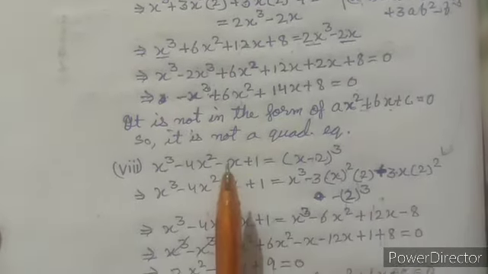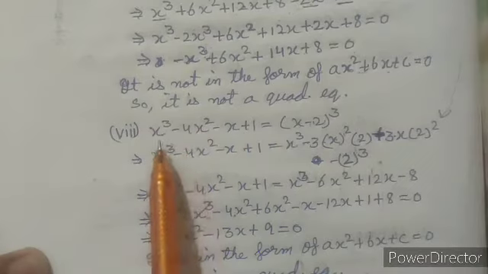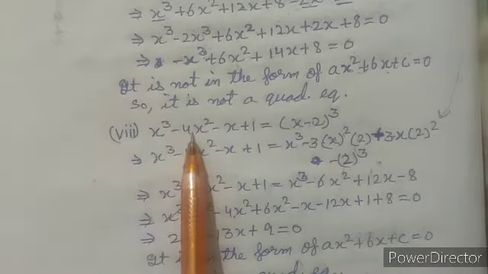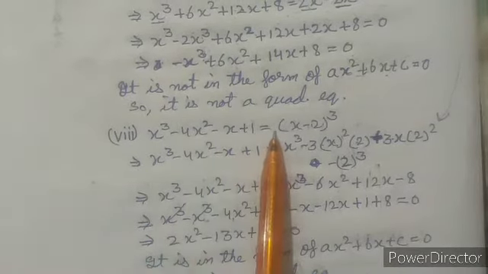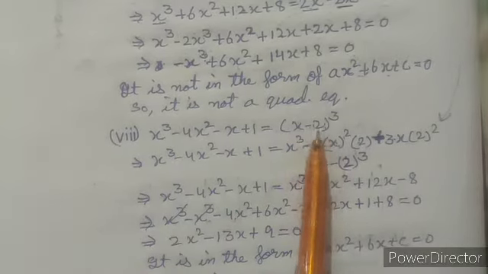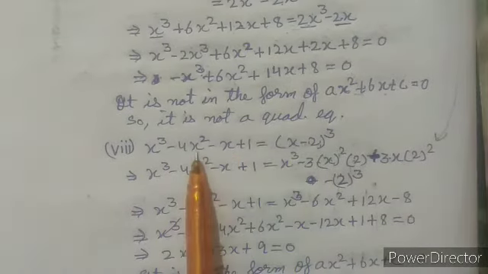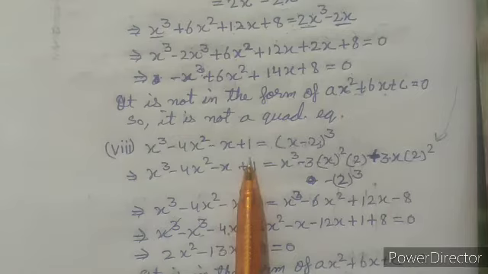Now in the 8th part, it is given that x³ − 4x² − x + 1 = (x − 2)³. We have to check whether it will form a quadratic equation or not.